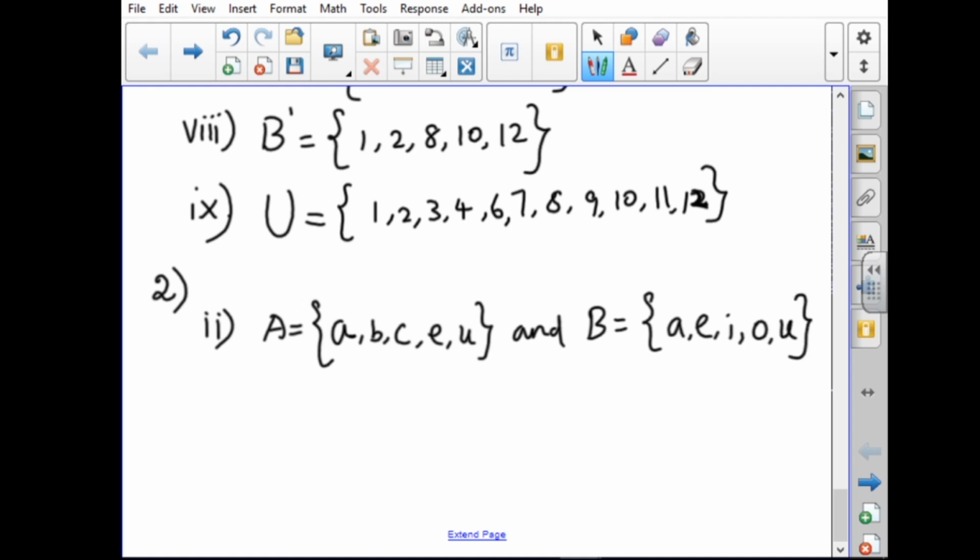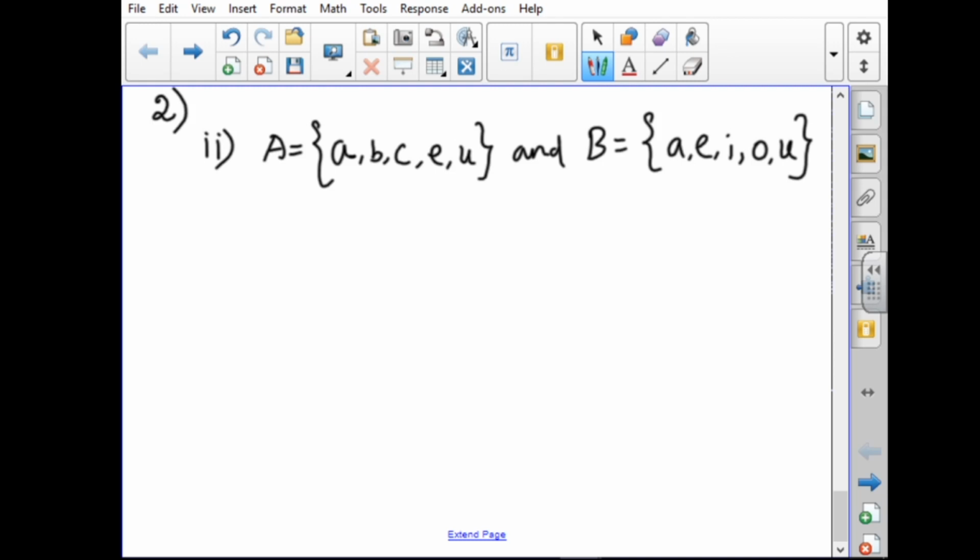So what do you want to find? We want to find A union B, A intersection B, A difference B and B difference A. These are the values you want to find.